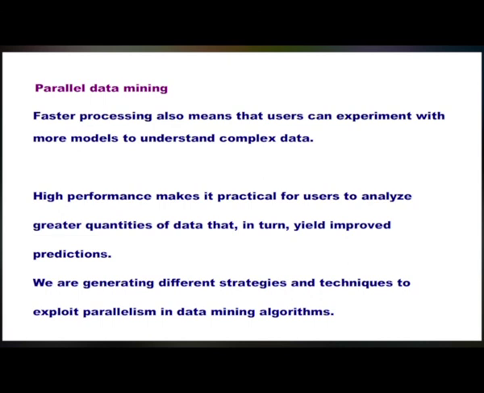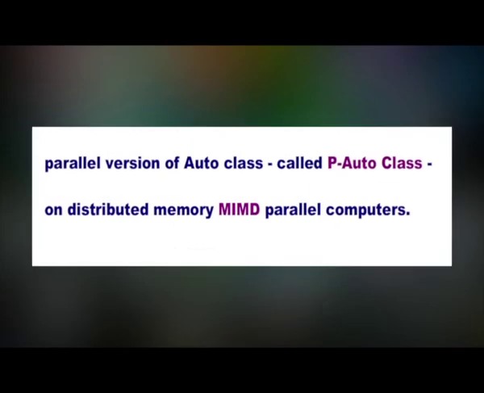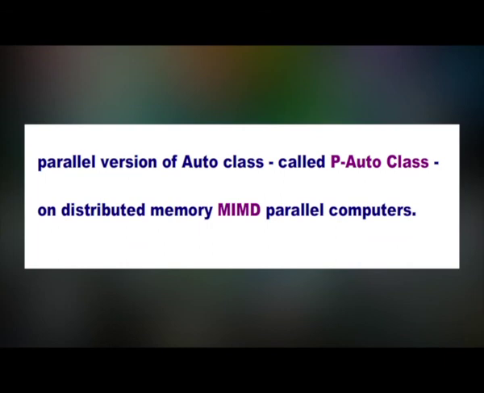So, here we are generating different strategies and techniques to exploit parallelism in data mining algorithms. In particular, we have designed and implemented a parallel version of AutoClass, called p-AutoClass, on distributed memory, that is MIMD parallel computers.